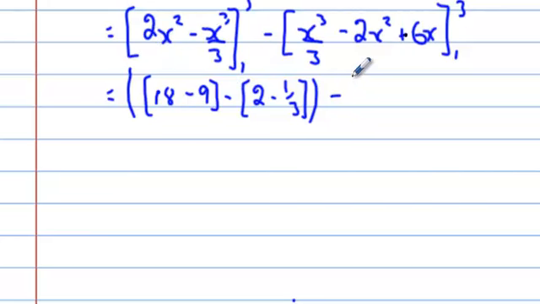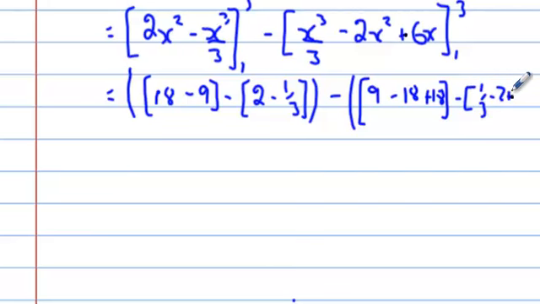Then I subtract. I'm now going to evaluate this thing. So I evaluate it using the value of 3 first, which gives me 9 minus 18 plus 18. Subtract this evaluated using 1, which is a third, minus 2 plus 6.